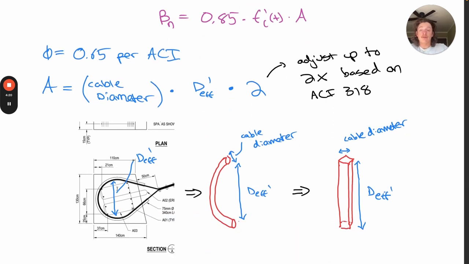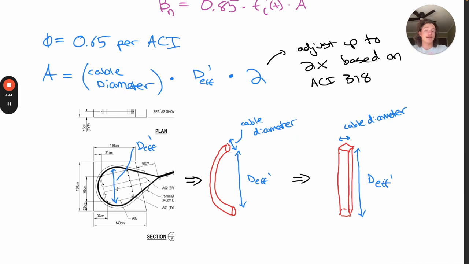And then also as a reminder, the bearing area A is approximated using the diameter of the cable loop, not the full d effective, because this would actually inflate our distance. So we can call this dimension d effective prime. And I've made a little drawing here of how we have this circular cable with a diameter of the loop d effective prime, and how that is being modeled as a kind of rectangular bearing surface conservatively to calculate both our force and our bearing capacity.